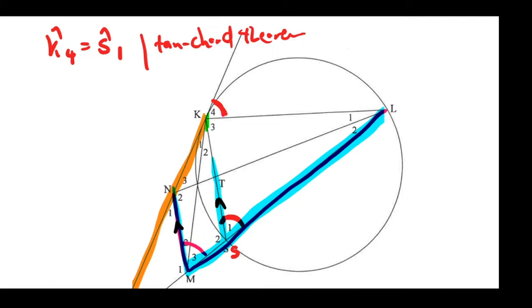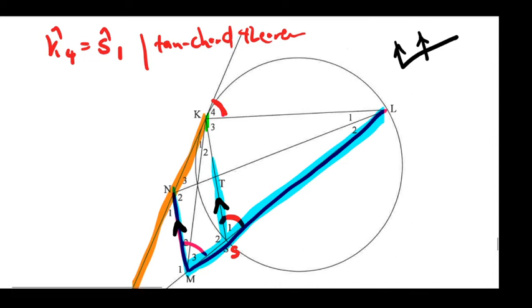This looks like an F. And remember, since these are parallel to each other, you have an F like this, and this is parallel to this.